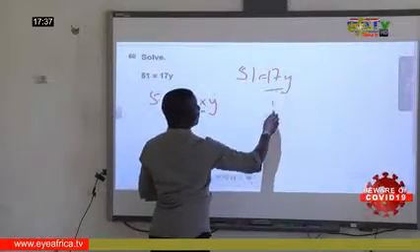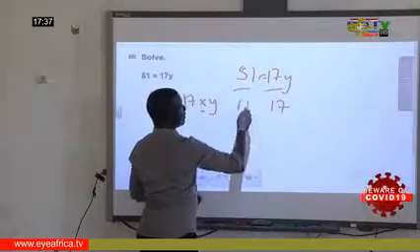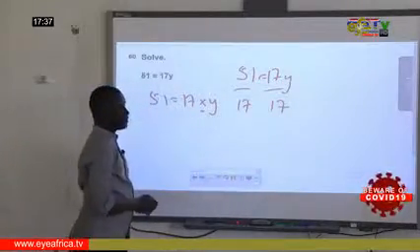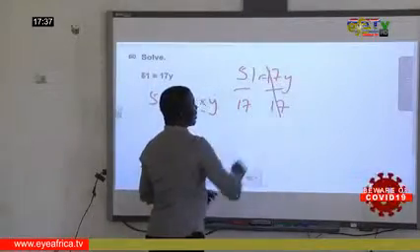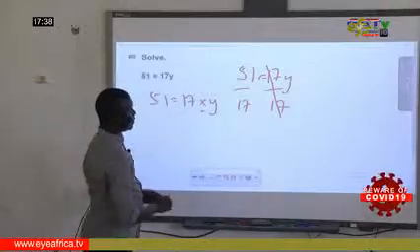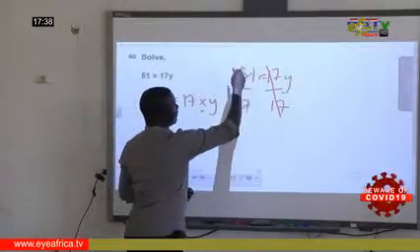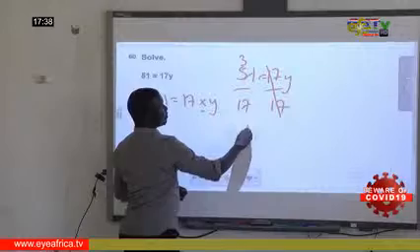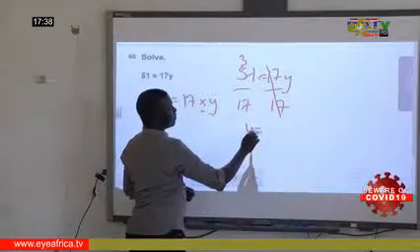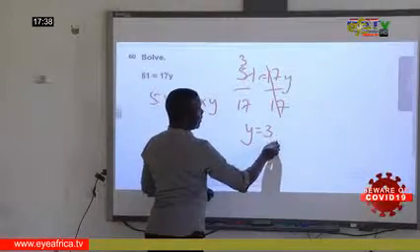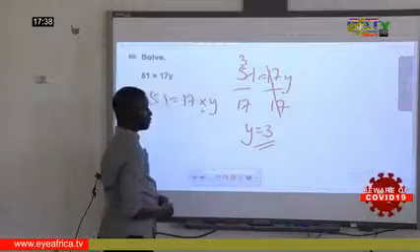All we need to do is divide both sides by 17. 17 cancels out. 17 undoes 17. 17 into 51 is 3 times. So therefore, y equals 3, or 3 equals y.